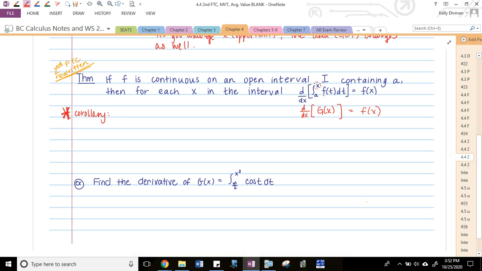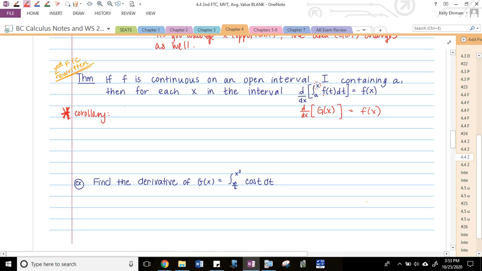We were taking derivatives using power rule, product rule, quotient rule happily, and all of the little nested functions were x's, or maybe an x plus 2 or something like that. But it was 1x, and so we didn't have to worry about chain rule. And then all of a sudden we started doing things like sine of 2x or sine of x squared or whatever, and that's when we had to think about chain rule. The same thing is true here for the second fundamental theorem.